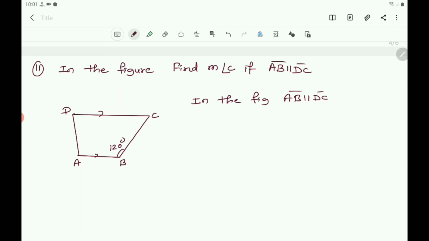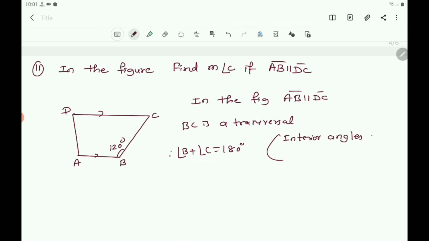BC is a transversal. Therefore, angle B plus angle C is equal to how much? 180 degrees. That is, they are the interior angles on the same side of the transversal.